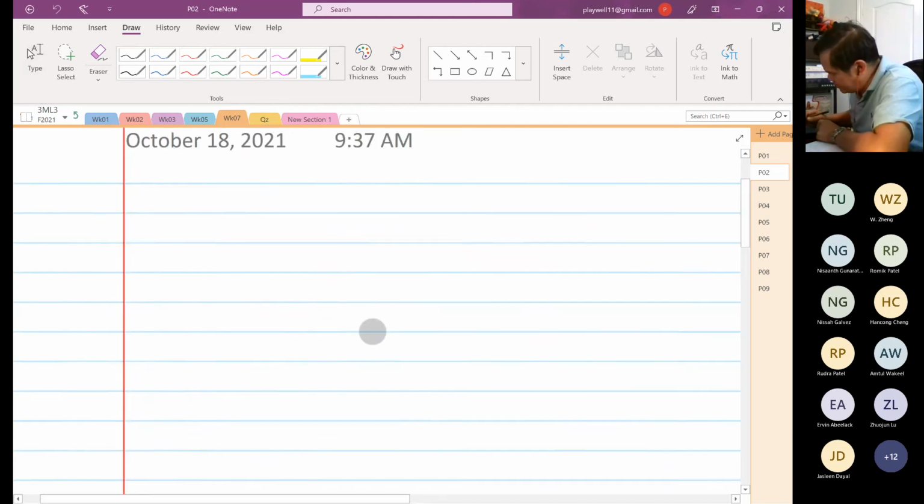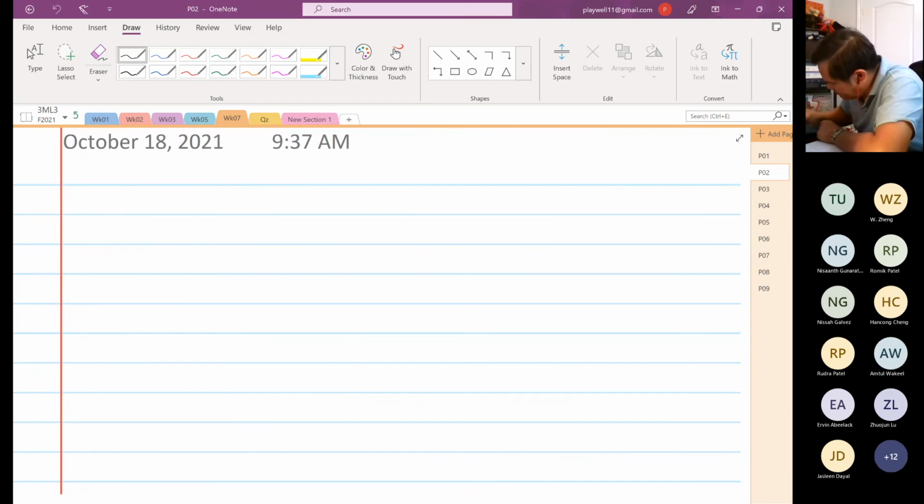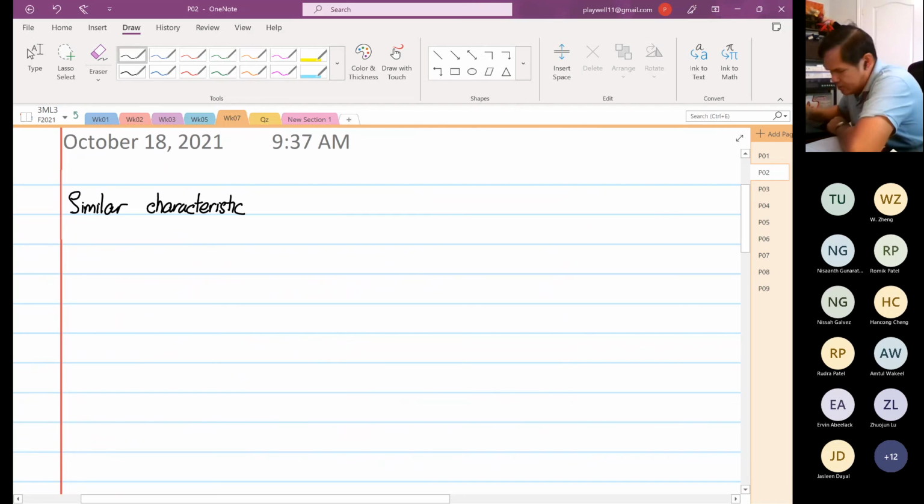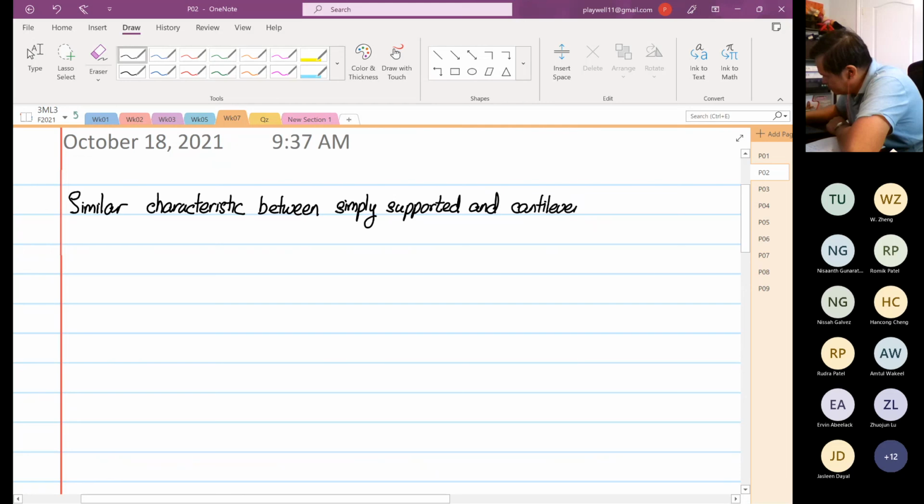I want to highlight the similar characteristics between simply supported and cantilever beam.